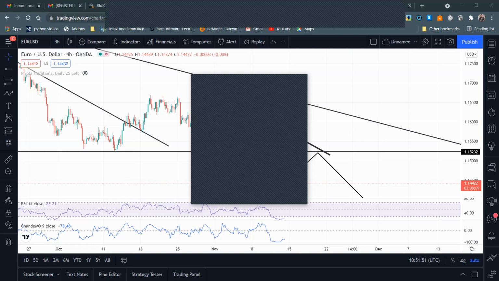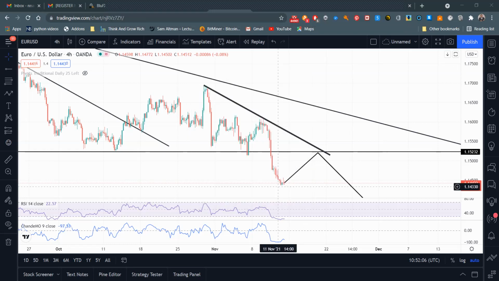There's probably no way to avoid all the fake outs, but you want to avoid as many as you can. Maybe I'll have a different class to explain that sometime later. But this is how we anticipate the market breaking out and then try to take advantage of the move to make some pips.